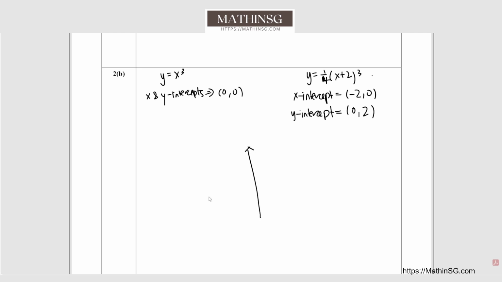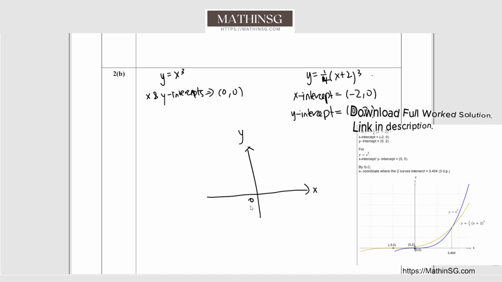Basically, let's sketch. This is what I get from my GC. I'm going to sketch it roughly here, but in the worked solution, which you can download in the link below, it is neater. So this is y equals x cubed, and I put in 0, 0, which is the x and y intercept.